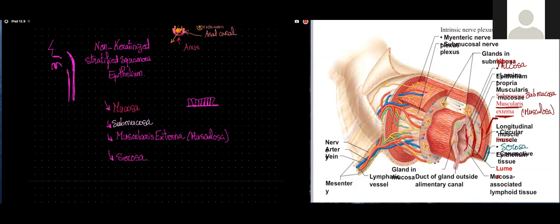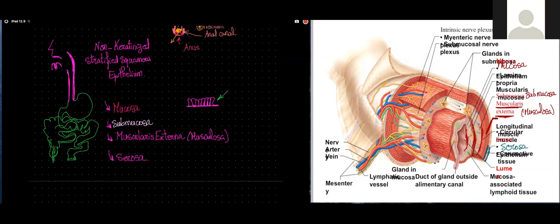Compared to the rest of the gastrointestinal tract, stomach, small and large intestine, all those are going to be lined with one row of columnar cells.